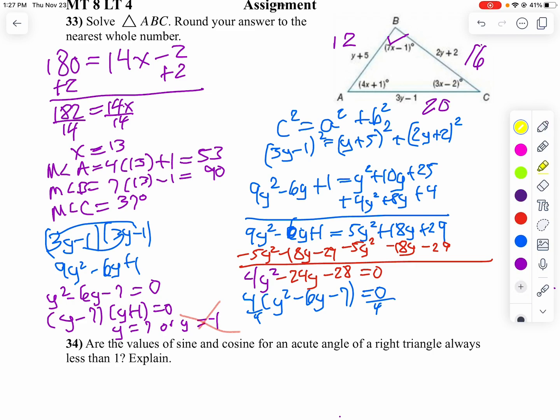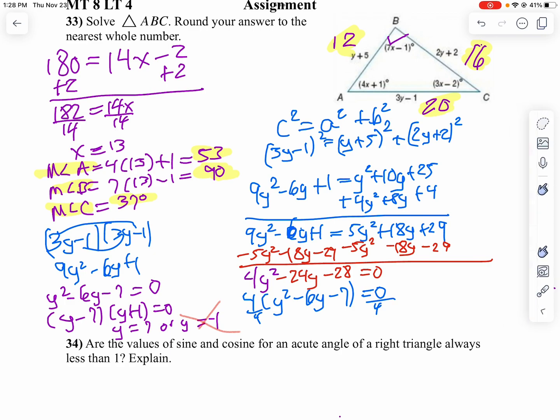And so we know angle A is 53, angle B is 90, and angle C is 37. AB is 12, BC is 16, and AC is 20. So we have solved that problem, finding everything that's missing.